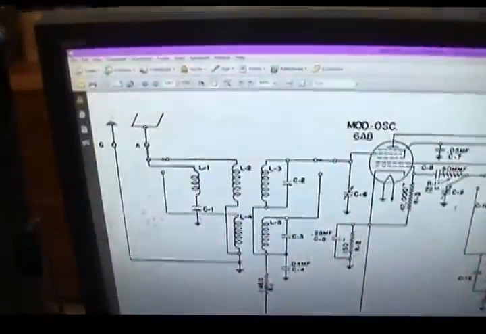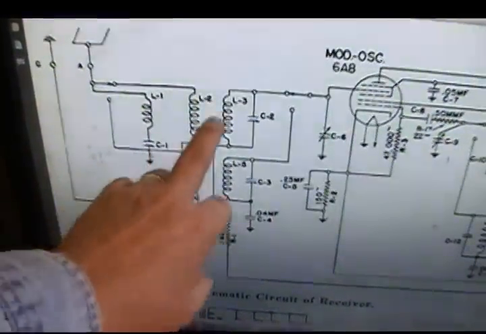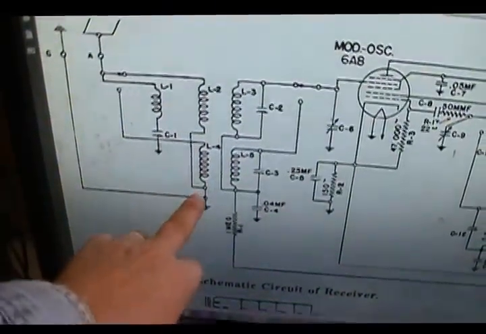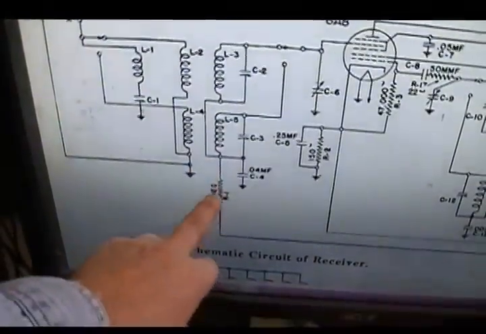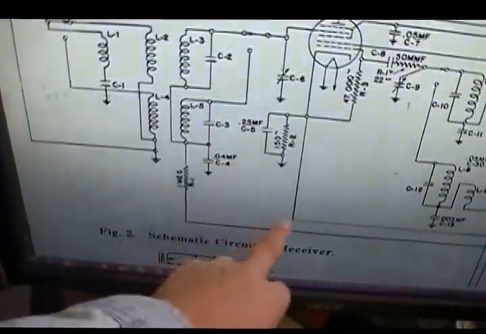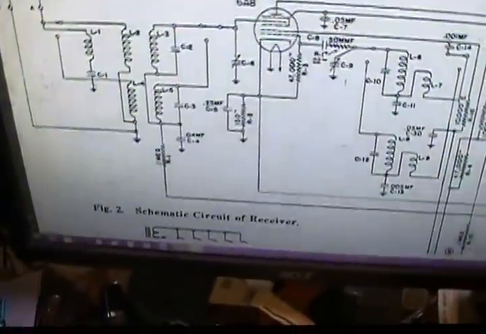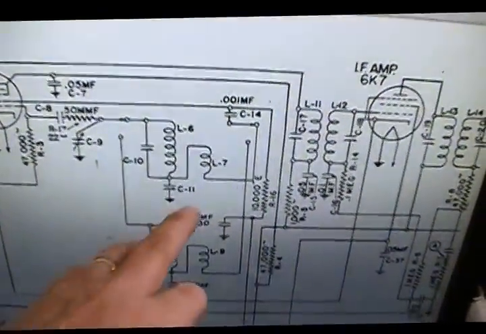Over here on the antenna coil, it's a little different. The primary and secondaries actually don't make contact, but the two secondaries have a common point, ground. The two primaries have a common point, and actually this is the AVC line, so that's what they're connecting to. Once you establish those common points, then the rest becomes a little simpler.